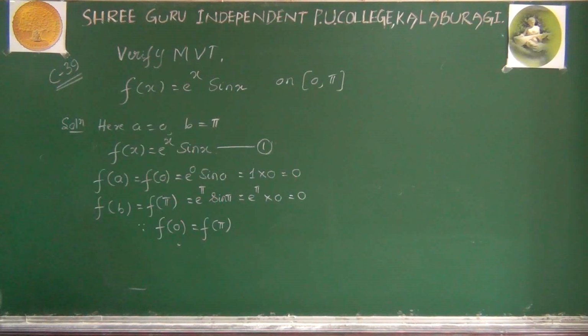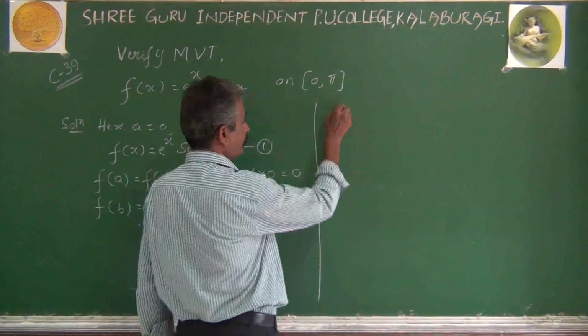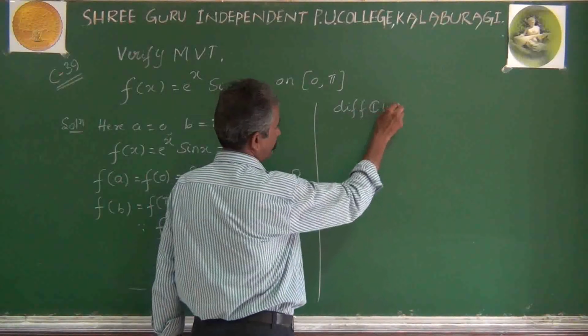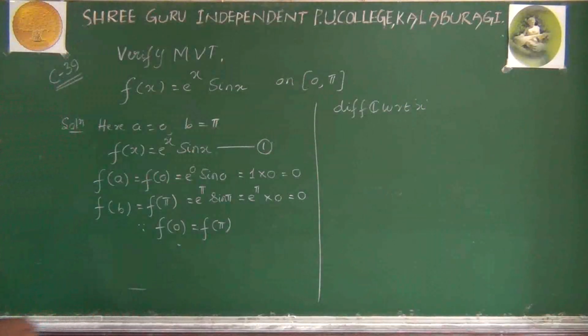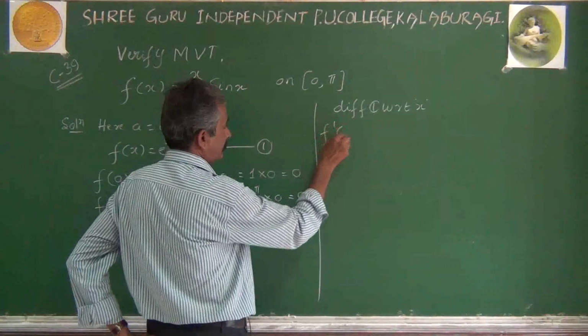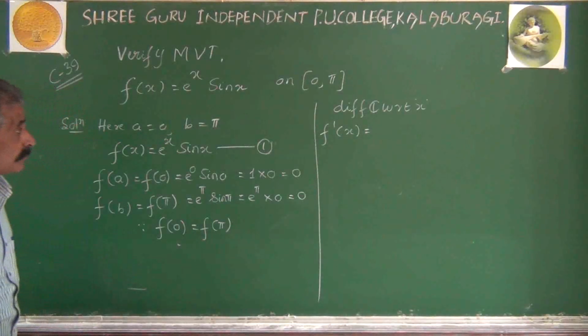Now let's differentiate. Next step, differentiating with respect to x. Differentiation of f x is f dash x. But on the right hand side, we need to apply the product rule.